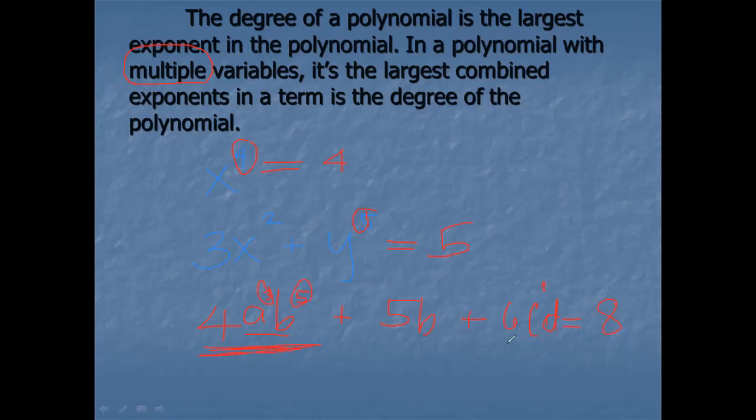If we take this one, the degree here is only 3. We have here 2, and d has 1, so only 3. Therefore, the degree of this polynomial is 8 because you have a cubed and b^5 combined. Okay, clear?